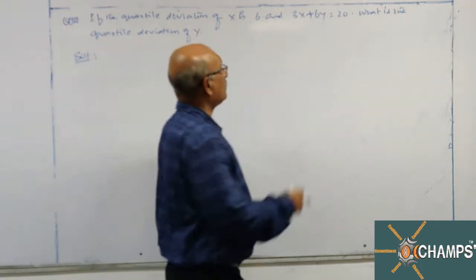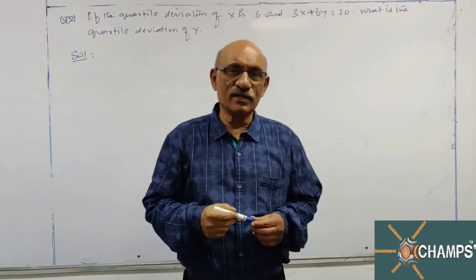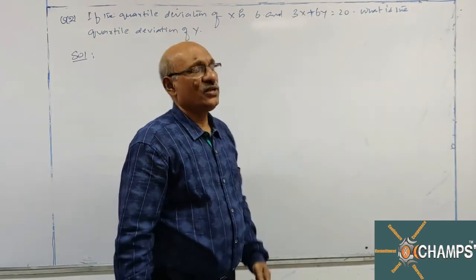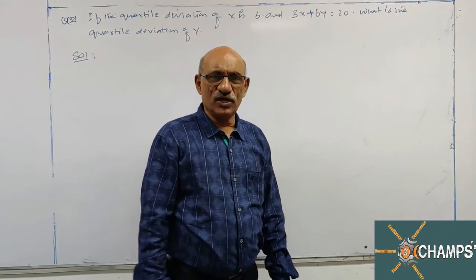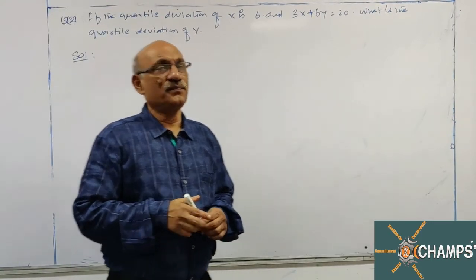Once again, look at this here. A line equation is given, 3x plus 6y is equal to 20. So you have to use the change of origin and scale property.